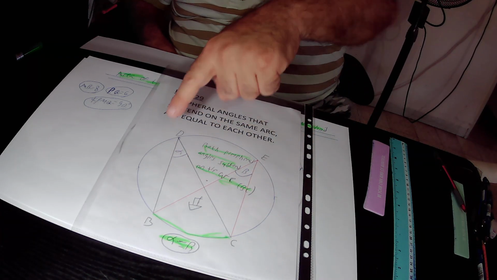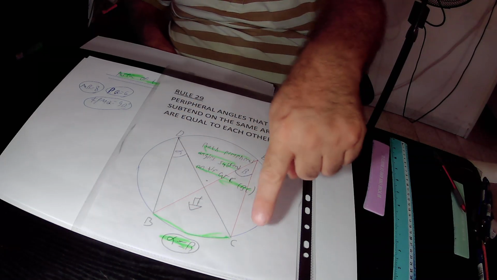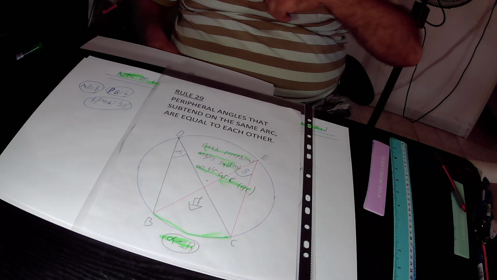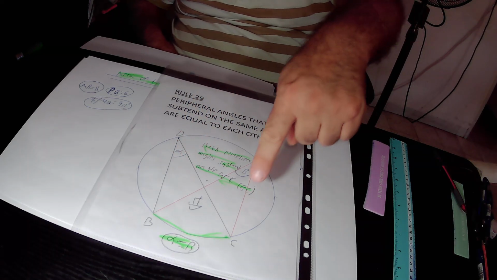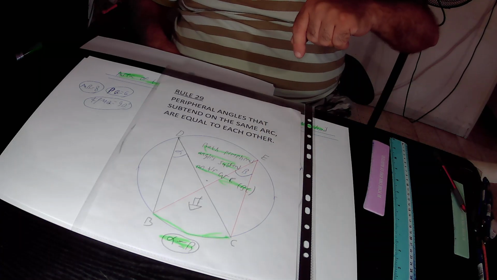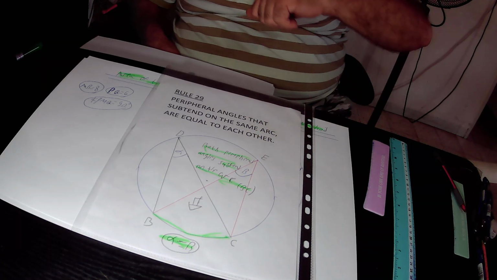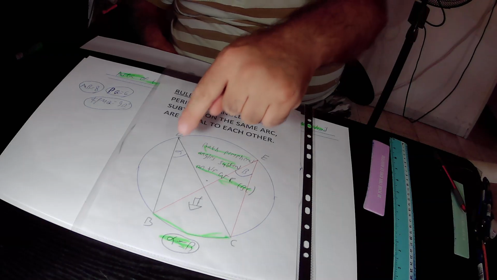Again, peripheral angle BDC subtends on arc BC. Likewise, we have another peripheral angle. This is peripheral angle PAC. This is equal to beta degrees in its size, and it subtends on the same arc BC.